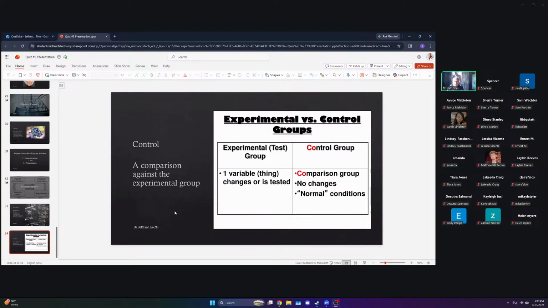The second thing I want to talk about that I know you guys have probably heard about is an experimental group versus a control group. And just like the names say, they kind of describe what's going on. And I've done a lot of research in the pharmaceutical world over the years in the cardiovascular arena, where we had a new drug, for example, let's say to correct some type of an arrhythmia.